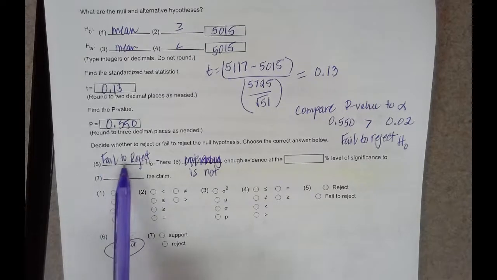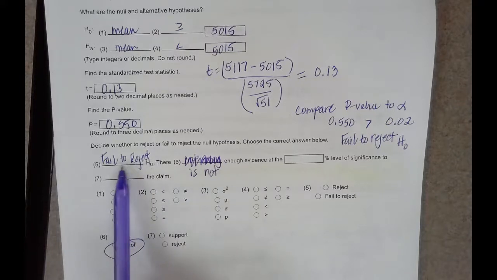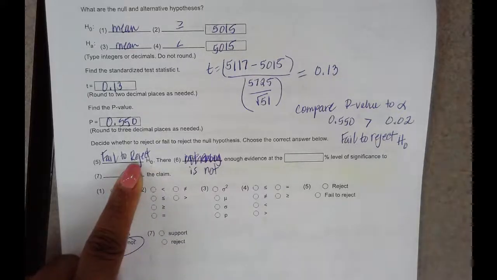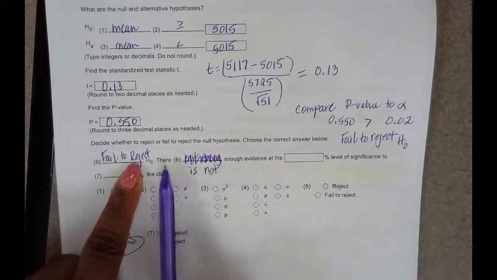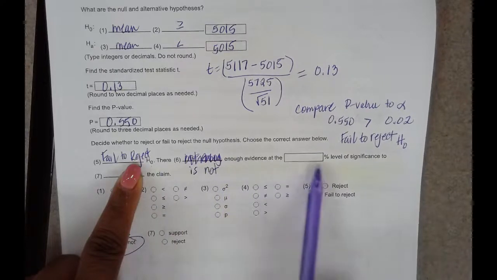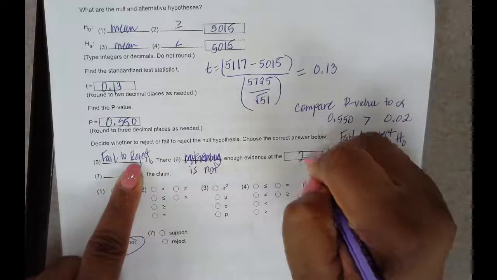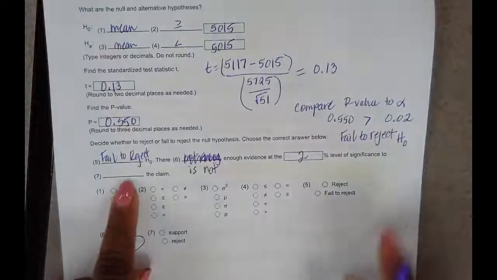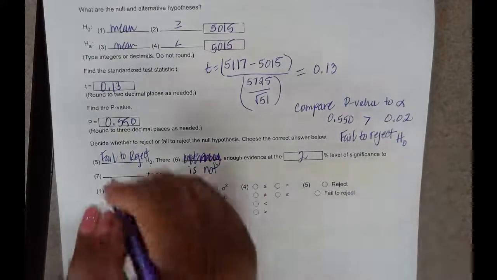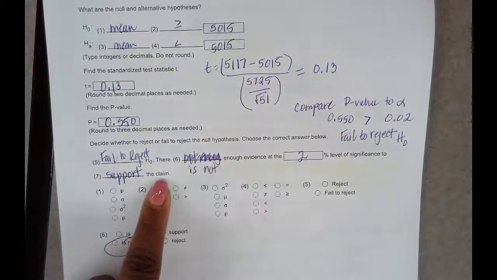We are failing to reject the null. That means I'm accepting the null. I am rejecting the alternative. There is not enough evidence at the 2% level of significance to support the claim.